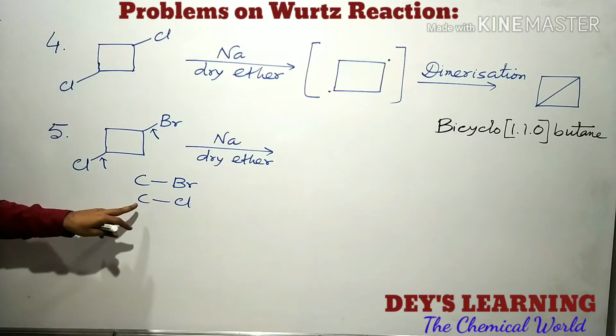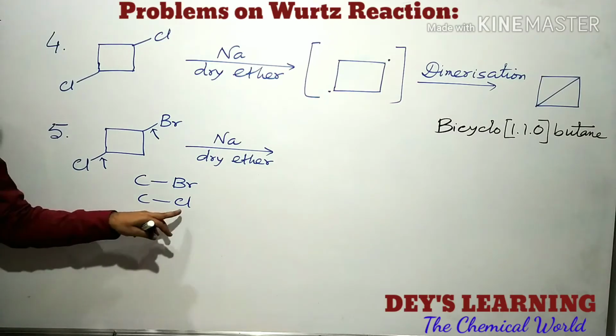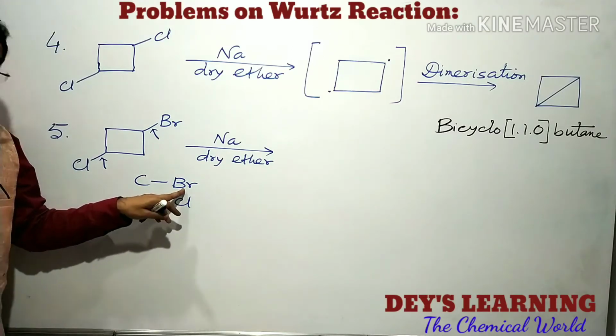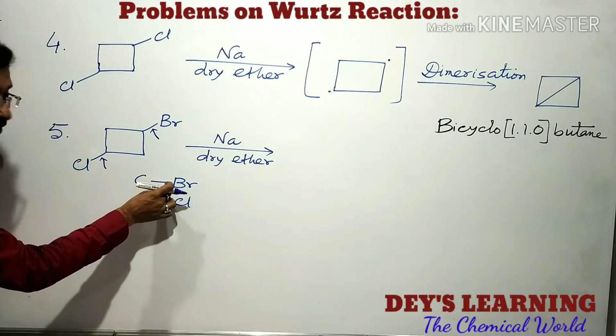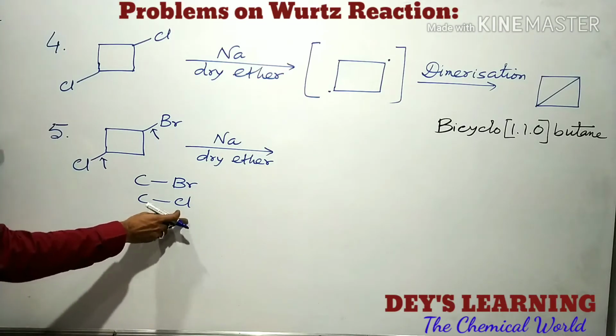So we know carbon is a second period element, chlorine is a third period element, and bromine is a fourth period element. So the bond between carbon and bromine is definitely weaker than the bond between carbon and chlorine.